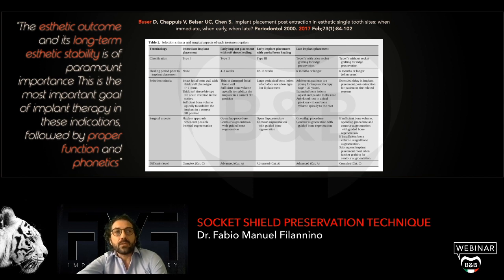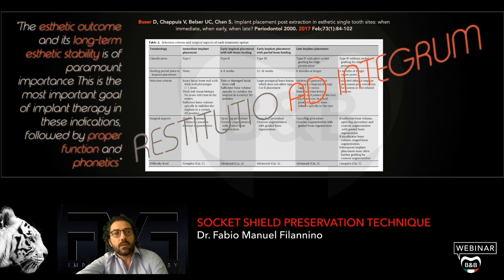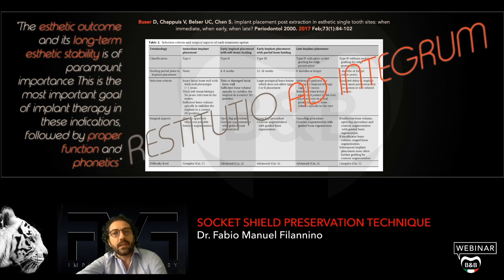So when we extract the tooth and insert the implant immediately, or we have to maintain the pontic area, we have to reach one goal, that we call restitutio ad integrum.